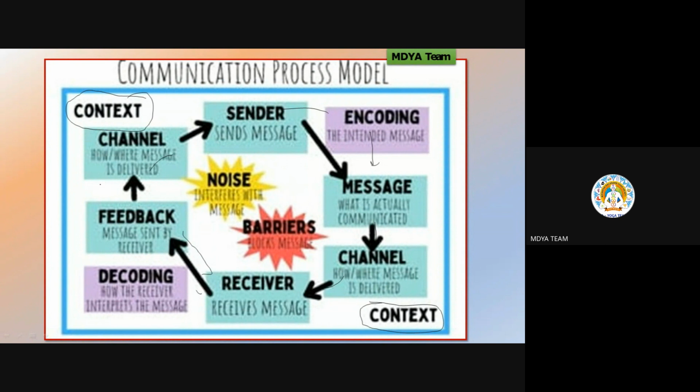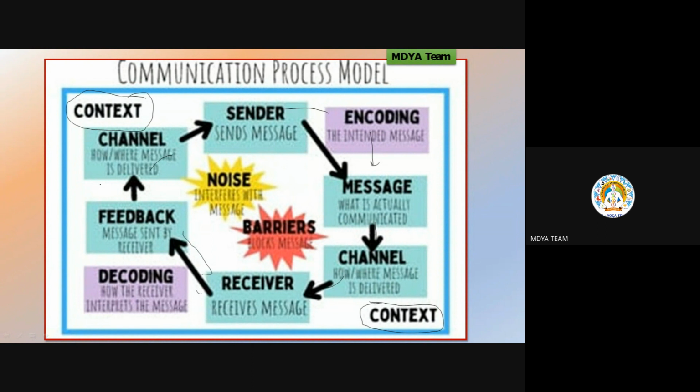So it includes various factors, like who, the place where the communication is taking place, the location, and when it is happening. If the time is different, if it is night or daytime, then the context will be different.